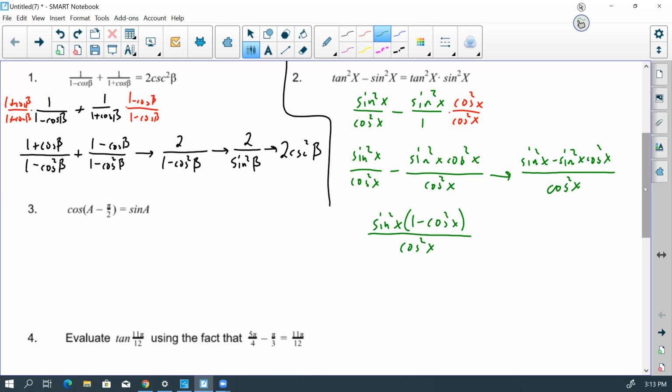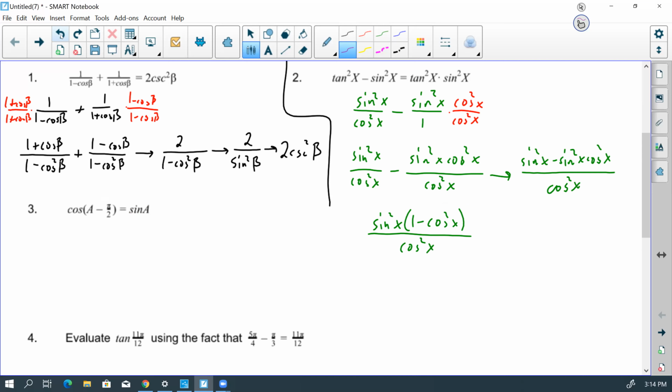And at this point, we should be able to see that we're just about done. Because what do I have? I've got sine squared divided by cosine squared. That equals tangent squared. And that's being multiplied by 1 minus cosine squared, which equals sine squared. So I know I'm on the right path. I just have to write it out.